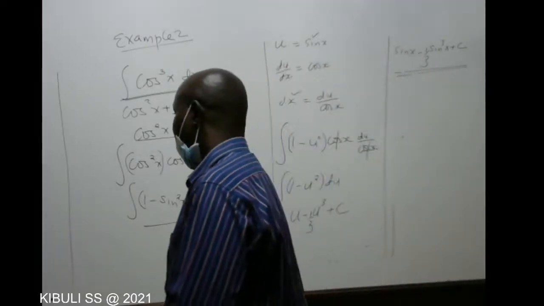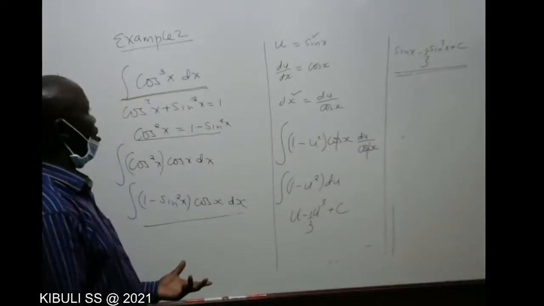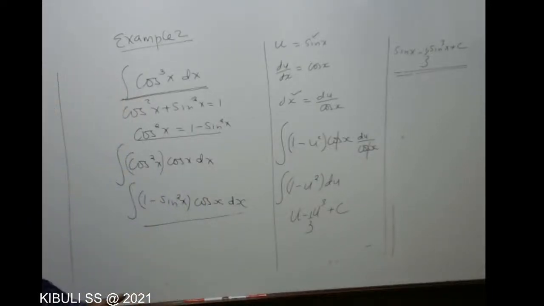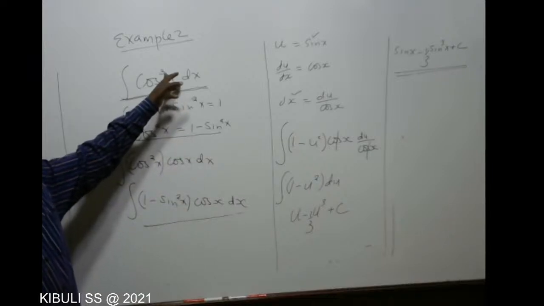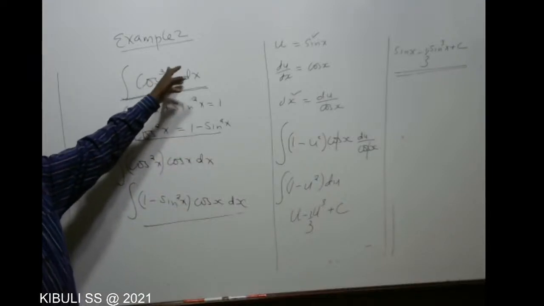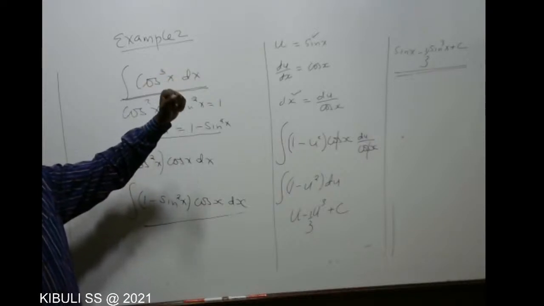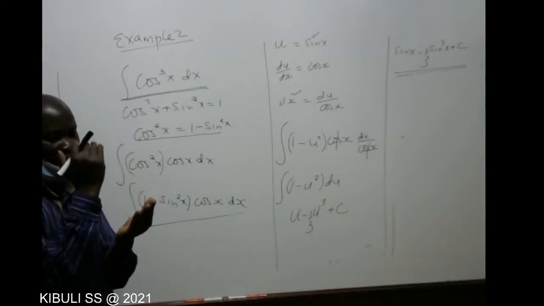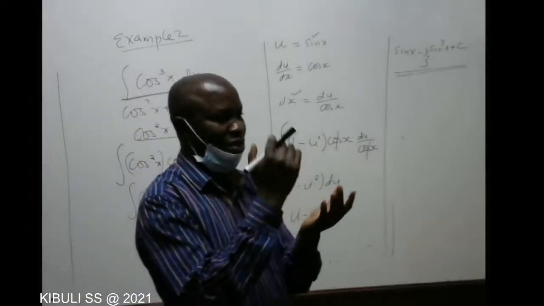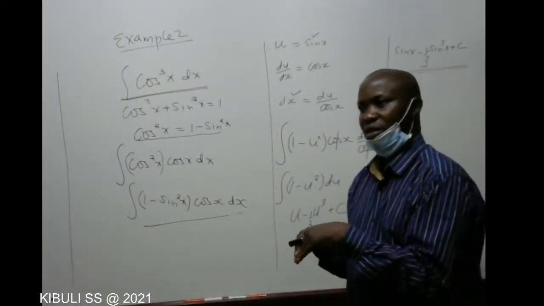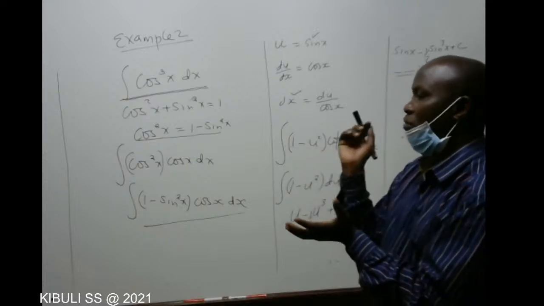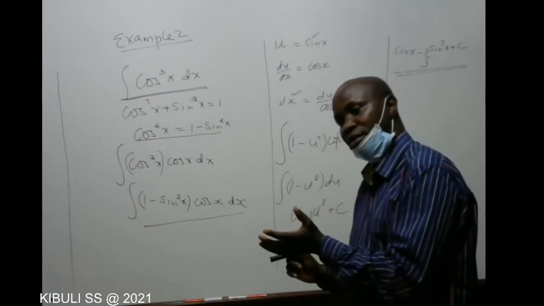Next, we are going to move to higher powers now. Higher powers, like sine power 5. This is power 3, and this power 5 is also an odd power. So suppose it was sine power 5, or cos power 5, how do we go about it? We are still claiming that power 5 is an odd number.